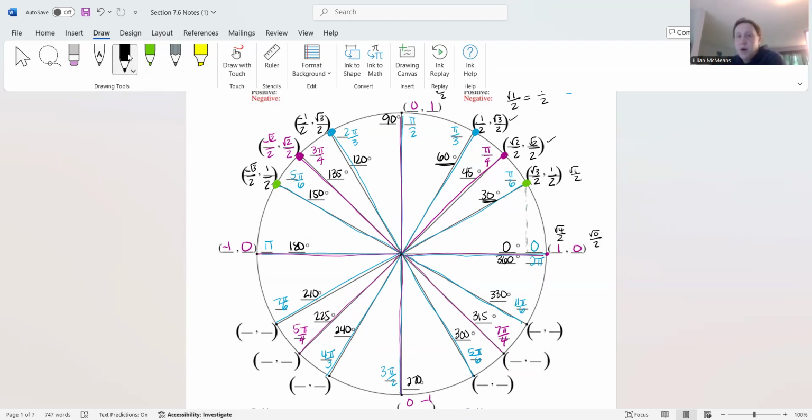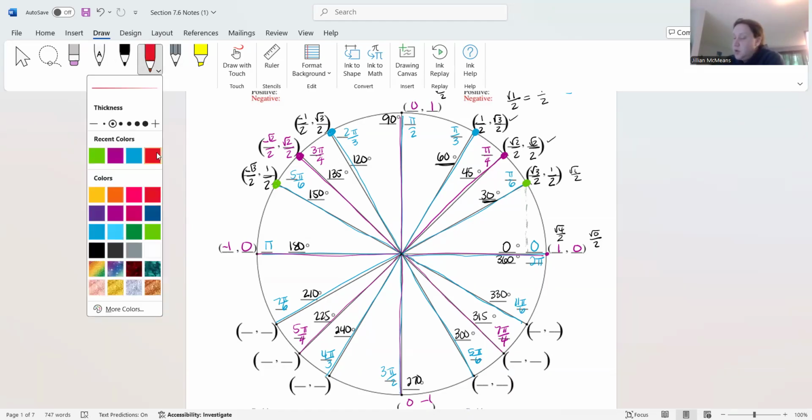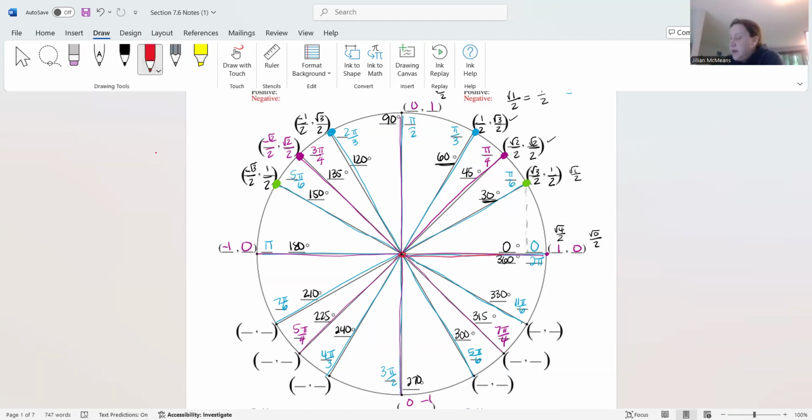Well, let's think about why the green points, the purple points, and the blue points line up, okay? So let me use red just for a moment. Let's say we have an angle right here, and we open it to 150 degrees. Well, we know that this right here is theta. So that's 150 degrees.